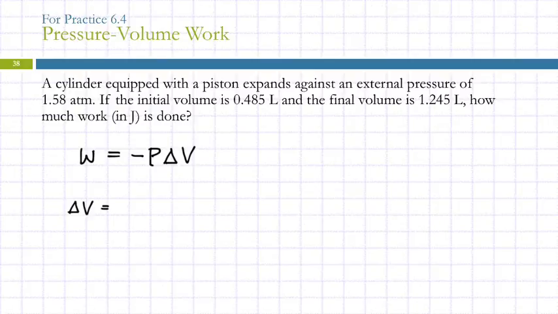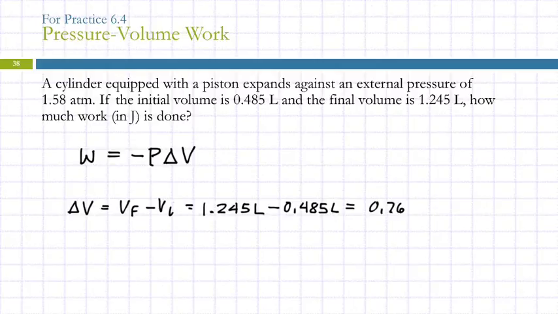Delta V is the final minus the initial. So final volume, 1.245 liters. Initial volume, 0.485 liters. So that is 1.245 minus 0.485. 0.76.